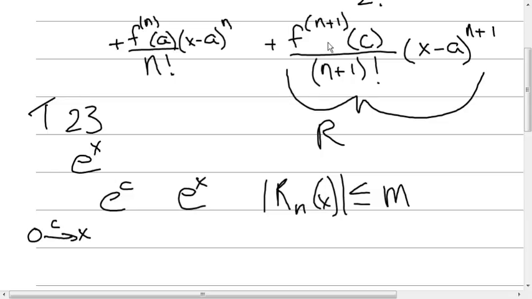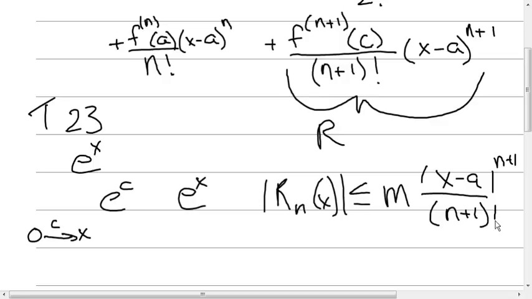It's the (n+1)th derivative evaluated at c, but of course we don't know what this is, so we fudge a factor in there and call it M, times the rest of this term, the absolute value of x minus a raised to the n plus 1 power, over (n+1) factorial.